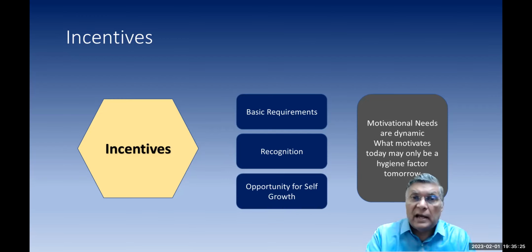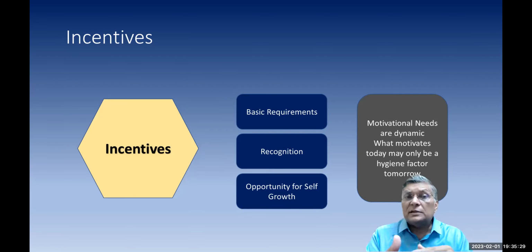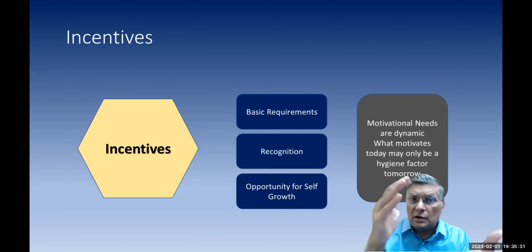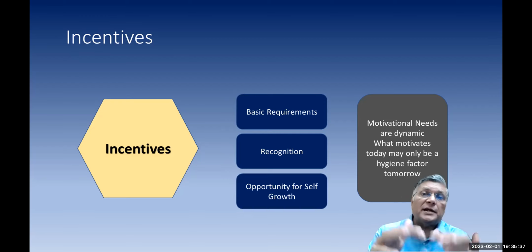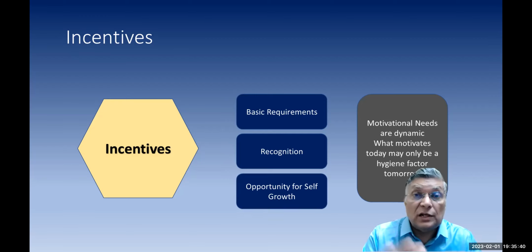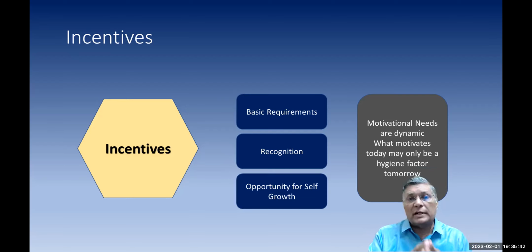But if it is there, it will not be a motivator. So there are certain things which will be a motivator if it is available. That is a positive thing. But certain other things are such that its absence will be a demotivator, but its presence will not be a motivator. Those are the things which we call as hygiene factor.